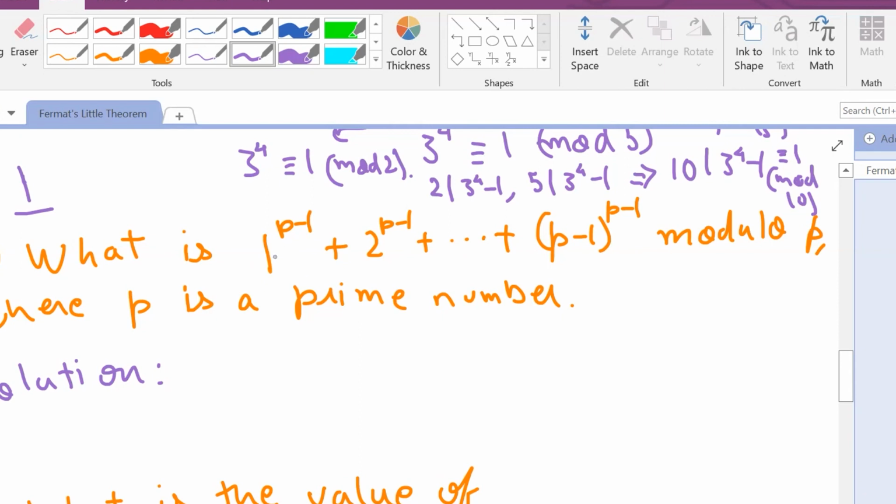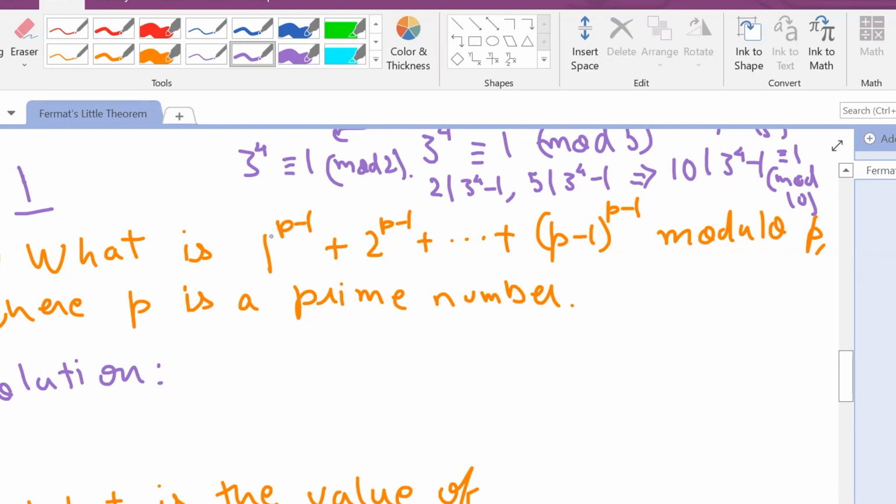Now, do you know something about the GCD of a prime number and everything from 1 to p minus 1? What would be the GCD of each of these elements? 1 each, right? 1 is trivial, and it is true for every prime, because none of these are divisors of p other than 1, of course. So 1 is the only possible GCD.